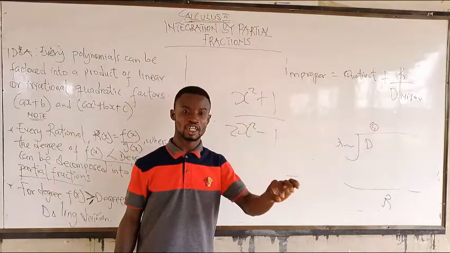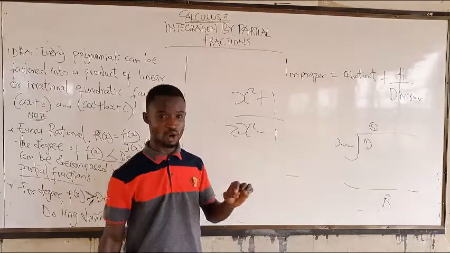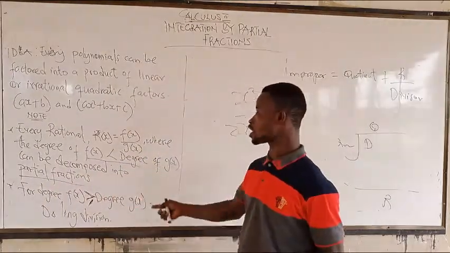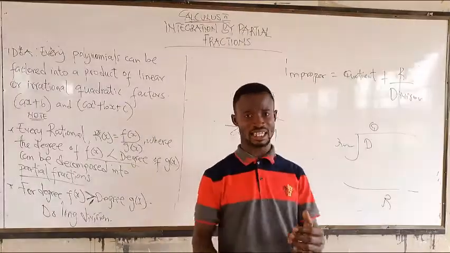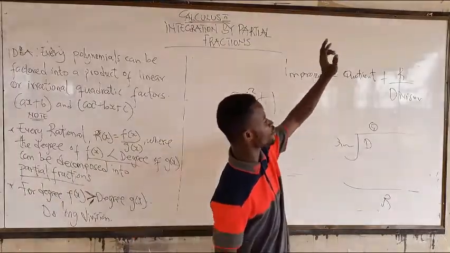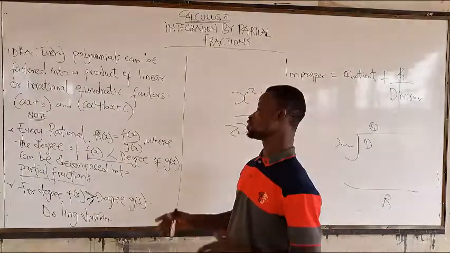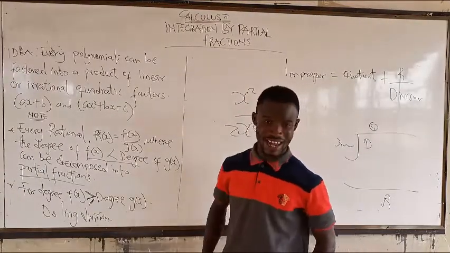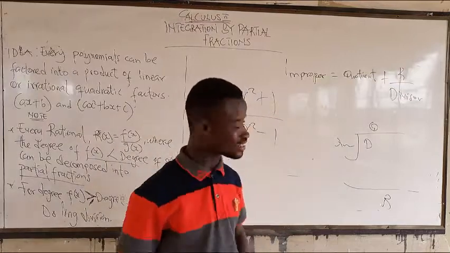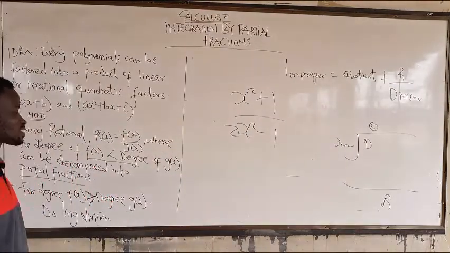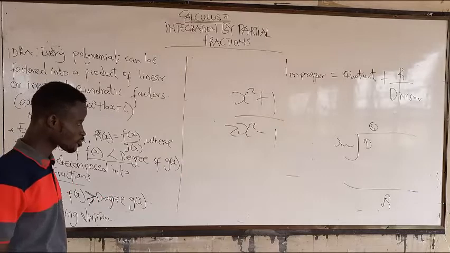And if it's improper, then you use long division to reduce it so that we can base on the remainder over the divisor to solve it into partial fractions. Alright, very good. So that is how it is.